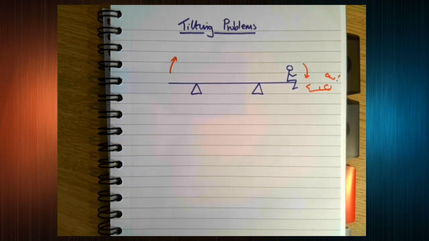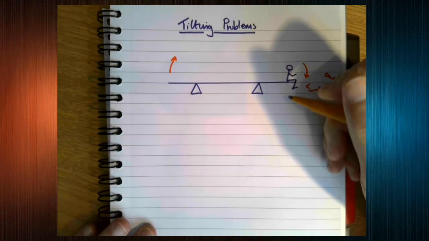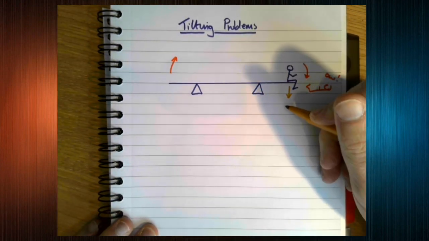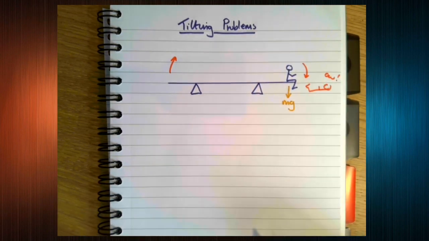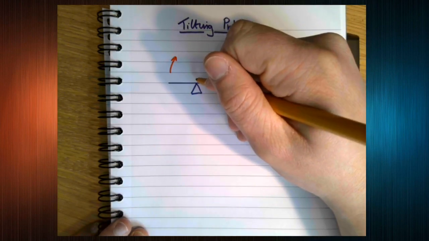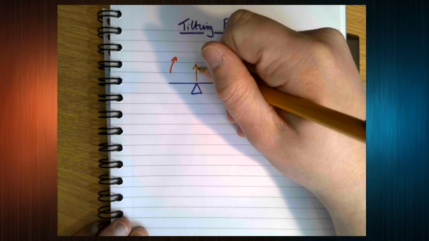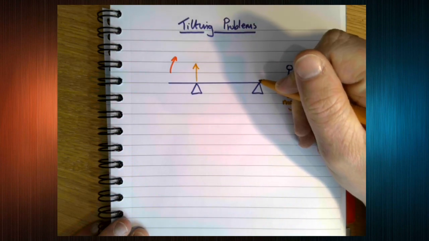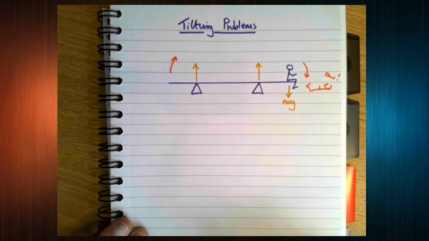But in terms of mechanics, what does this mean? Well, this individual, as we know, has weight. So there's a force going down this way. Here, we're still on two supports, two rests, and they have reaction forces.